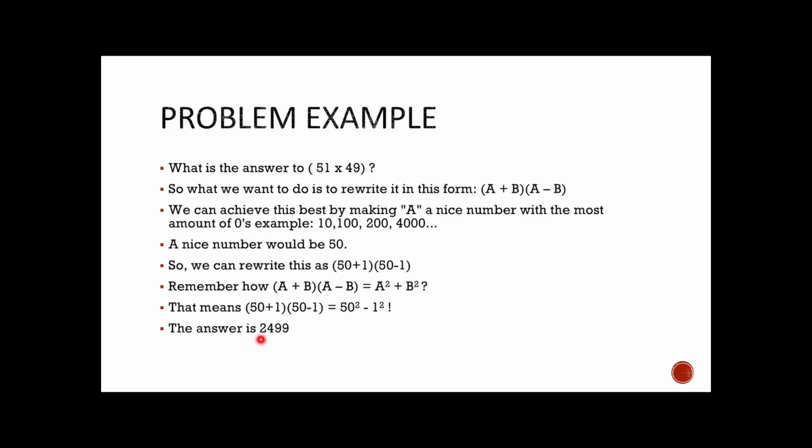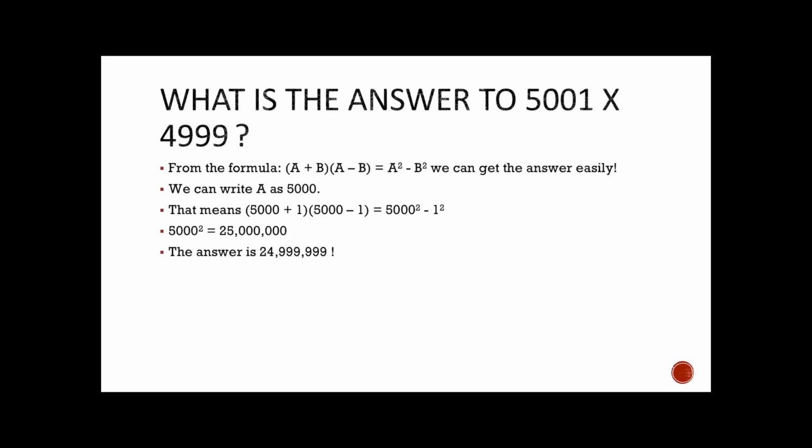You get 2,499. You can also put this into a calculator. You can pause the video now and do that. So basically, 51 times 49 is in fact 2,499.